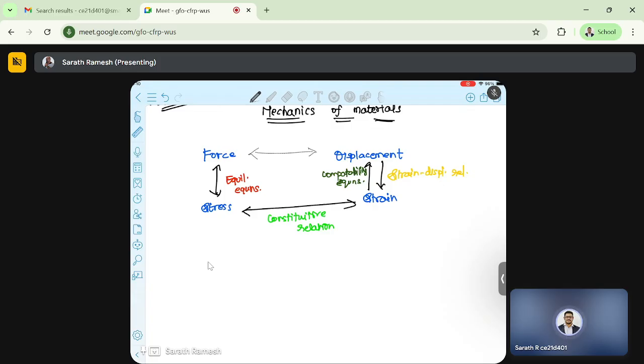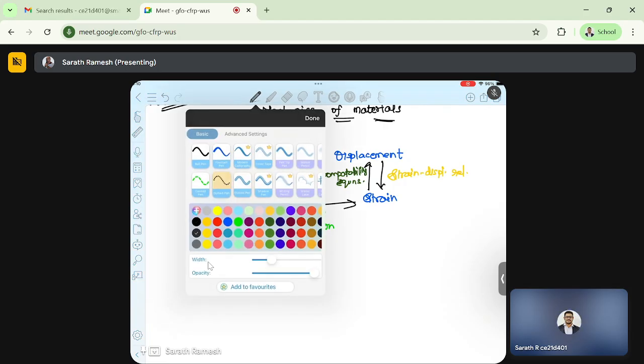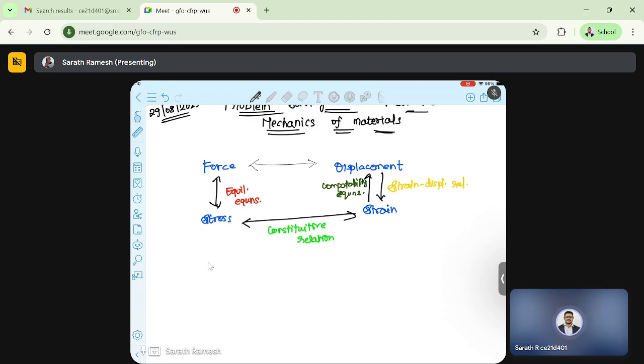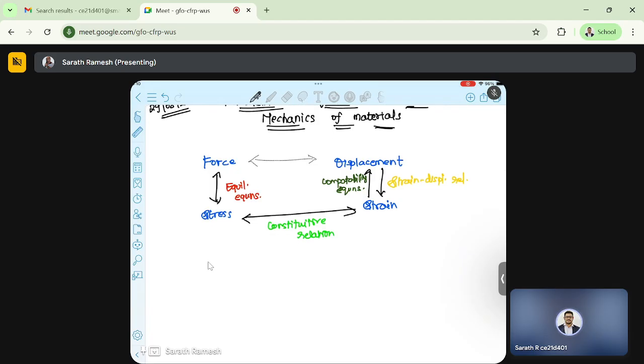we have seen various concepts like force, displacement, and then stresses and strains. Fine. So from this week onwards, we'll see one by one how to apply these concepts in case of real life problems. So this week we'll focus on axial members.